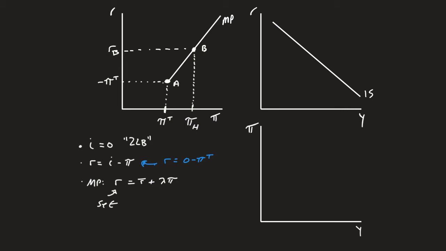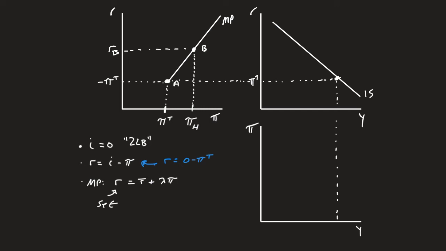So what are we noticing? There's a few things we're noticing. We can come over here to our IS curve and say, all right, here's that negative target rate that we're talking about. And we're going to see that there's going to be a point here with this IS curve.